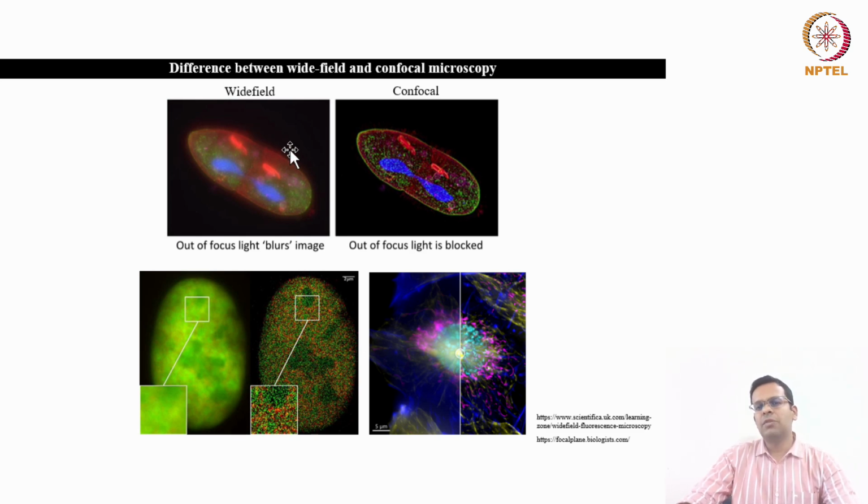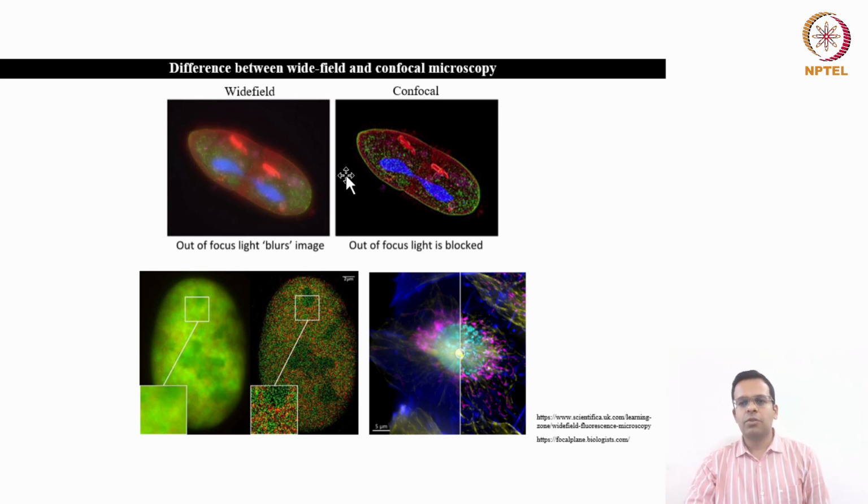Whereas in wide field you will get this kind of image, a little blurry because of the out of focus light. So just to make one representative image, you go to the confocal system and get one image so that you can show it in your presentations or in your publications. But for the rest of the applications you may do imaging with a wide field microscope.